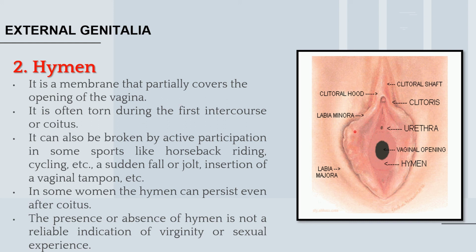Then the next part of the external female genitalia is the vestibular glands or Bartholin's glands. In this image, the vestibular glands, or Bartholin's glands, are present on either side of the vaginal opening.